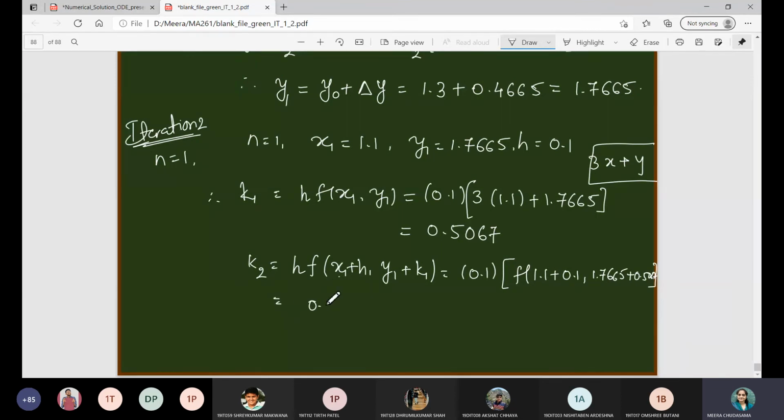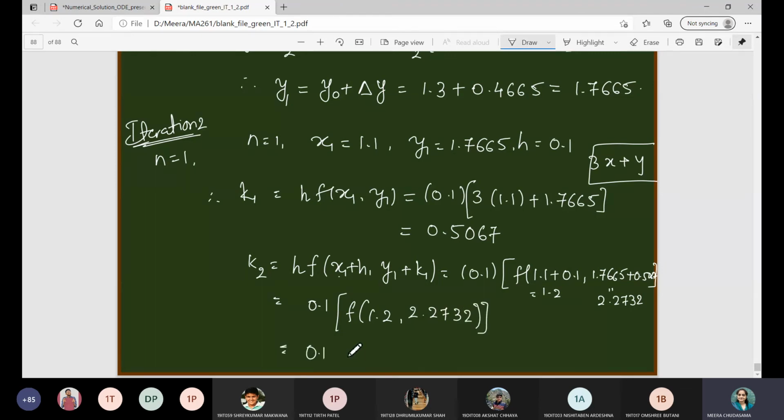So it is nothing but 0.1 into, this one will be now 1.2, and what about this one? Is it 2.2732? Yes, ma'am, it's 2.2732. Very good. So now f at 1.2 comma 2.2732.